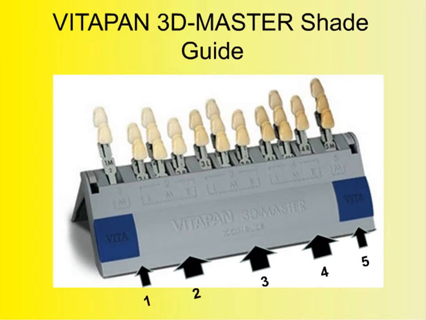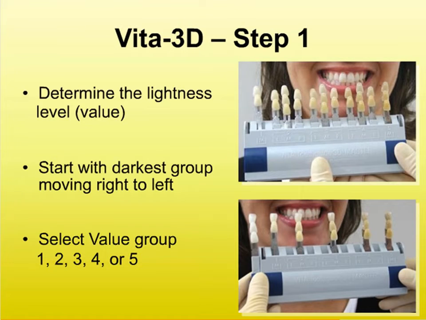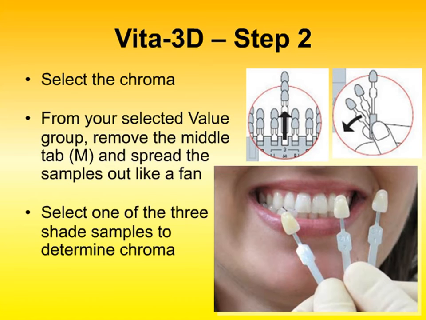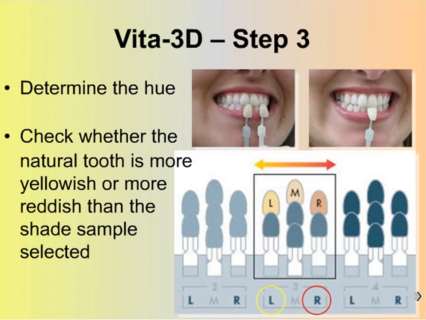The Vita Pan 3D Master shade depends on the value. You have to determine firstly the value, then you select the chroma, and finally you select the hue of the tooth.